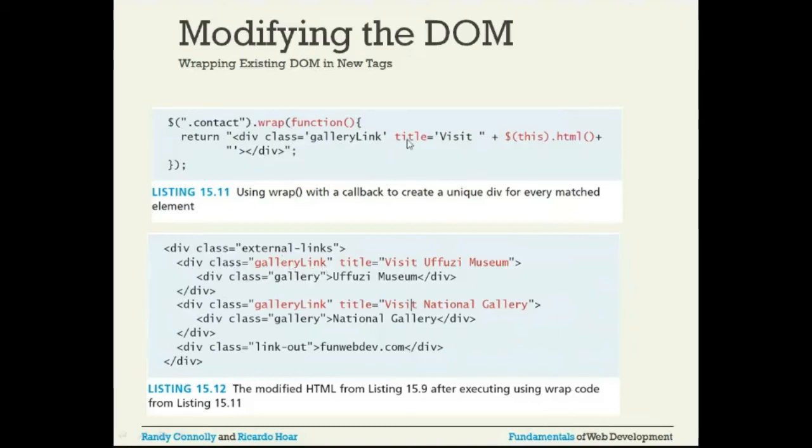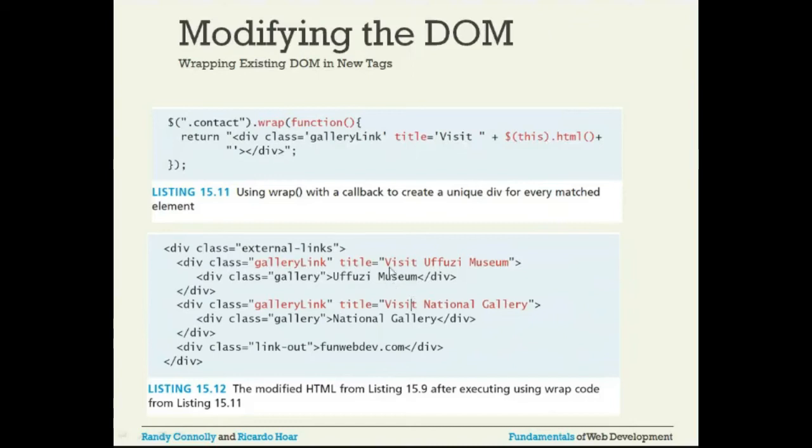Class gallery link title. You can see the title is done dynamically. Visit concatenated with dollar this. Dollar this means whichever element we have, its HTML. In this particular case, this element has HTML content as this text, UFZ museum. So it is going to concatenate visit with dollar this.